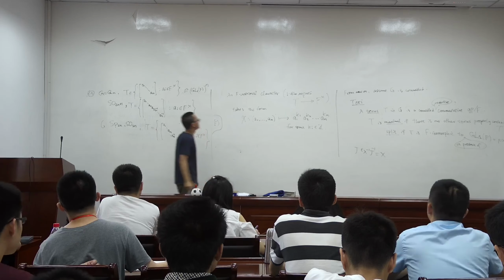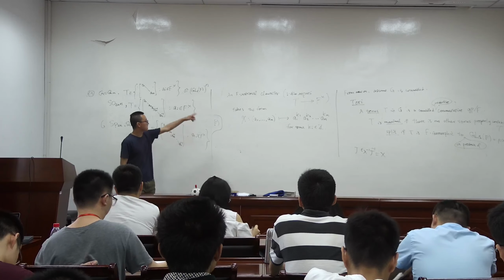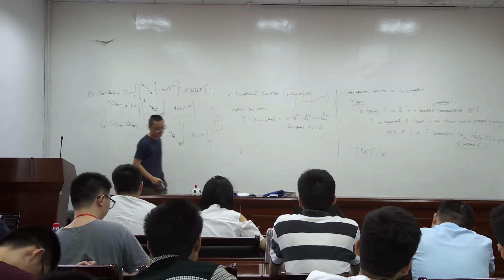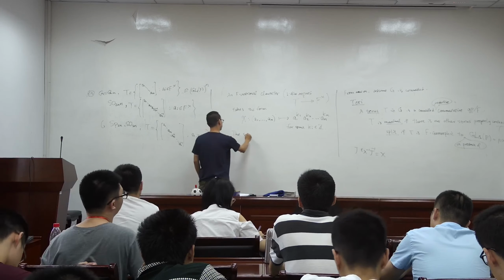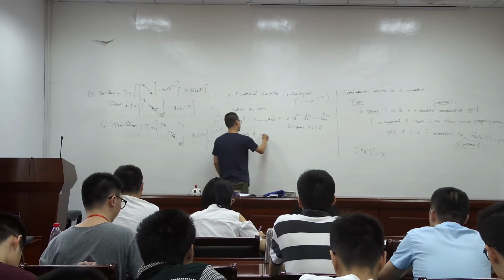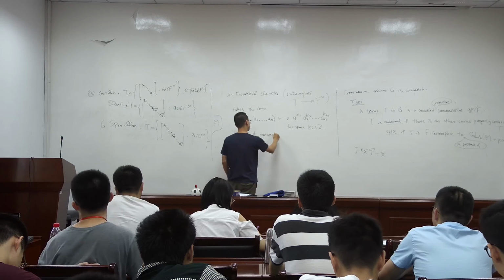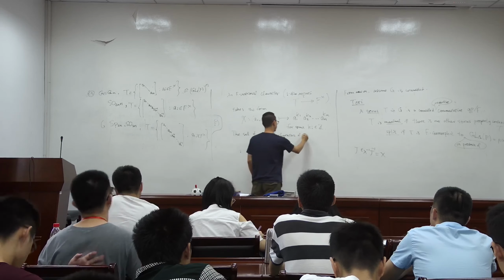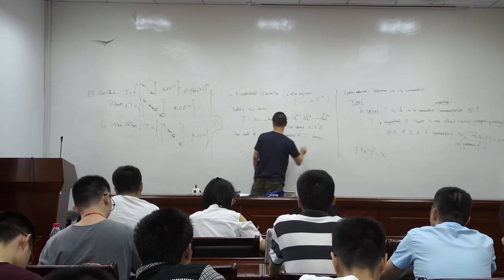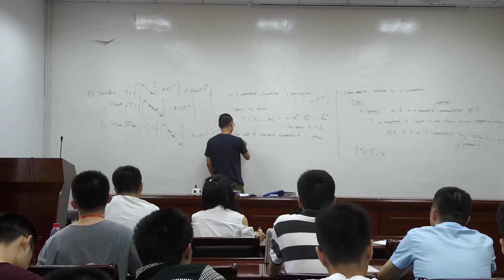Any rational character takes this form. So you can see the set of rational characters of T forms an abelian group, a free abelian group.